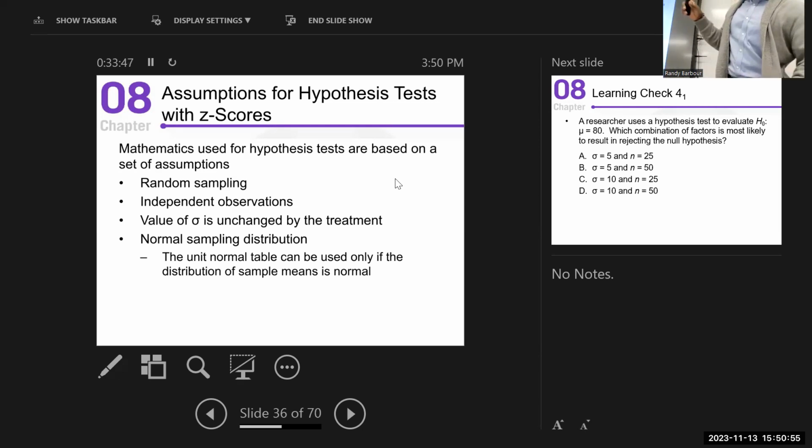The second assumption that we make is that every observation, every data point that we get, is independent of one another. That means that one data point is not dependent on another data point. They are each individual data points. They're not related in any way.